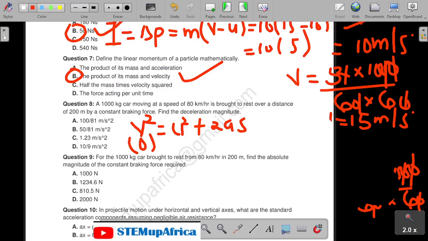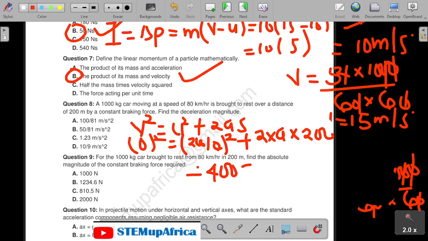So v is 0. Here is now 200 divided by 9, all squared, plus 2 times a times 200. So we're having minus 400a equals 200 square divided by 9. So let's divide.